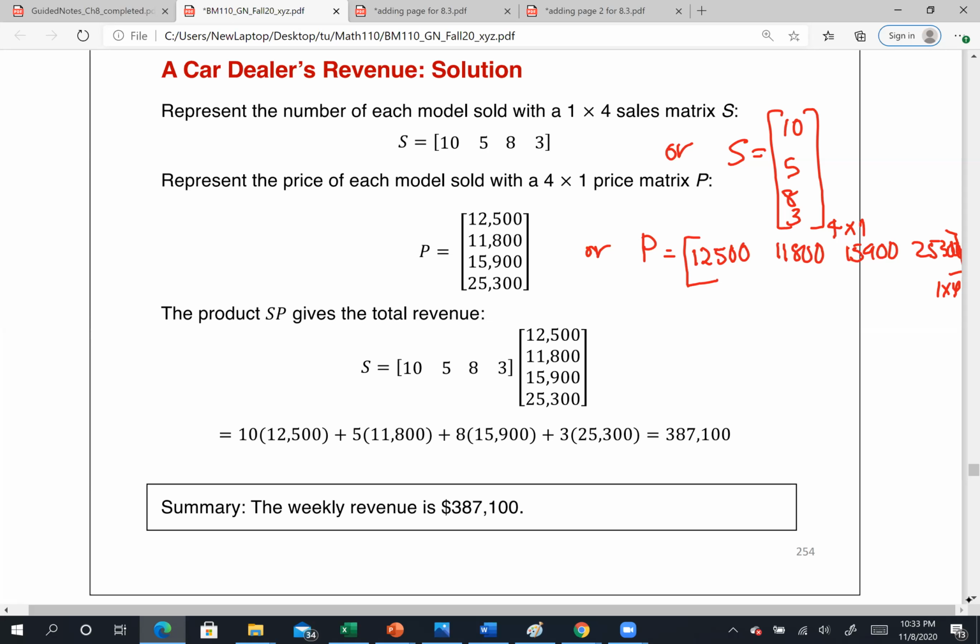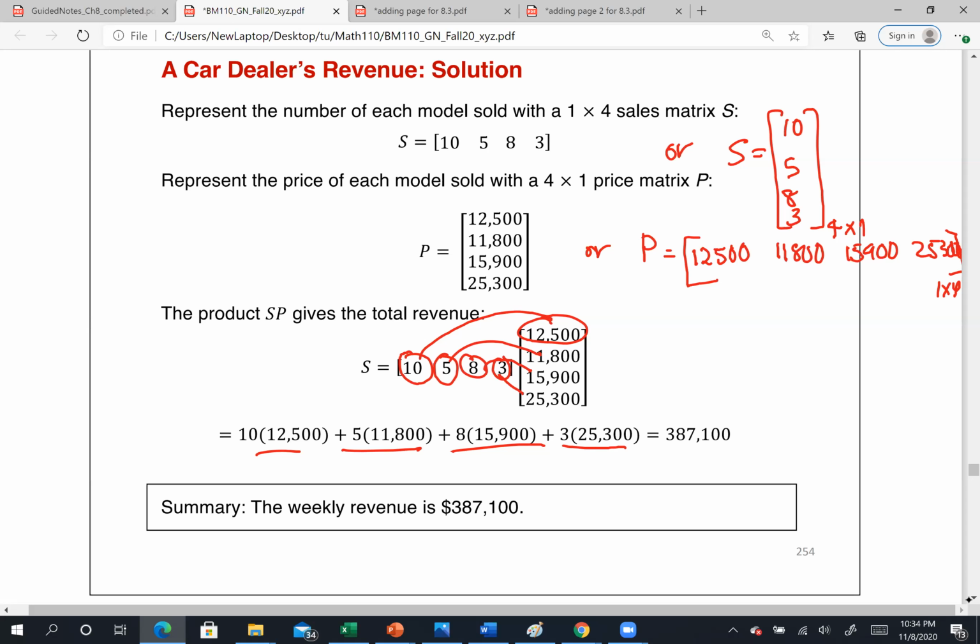So now let's do the product between S and P. Following the multiplication rule for matrices, you get 10 multiplied by 12,500, adding 5 multiplied by 11,800, and keep going, 8 multiplied by 15,900, and add 3 multiplied by 25,300.